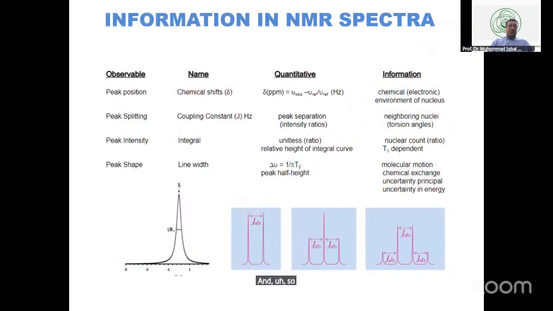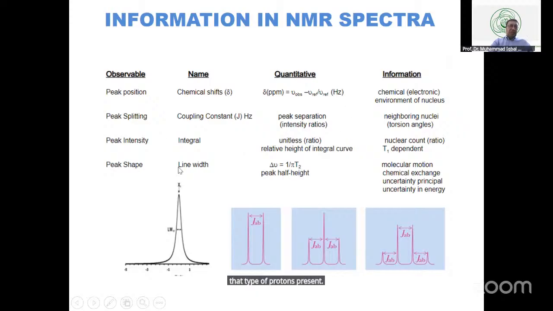And so this is what an NMR spectrum should give you. Peak position, chemical shift, tells you about the electronic environment and helps you to develop the structure. Peak splitting, coupling constant, tells you about the neighboring nuclei which help them to split. Peak intensity gives you how many protons of that type are present.